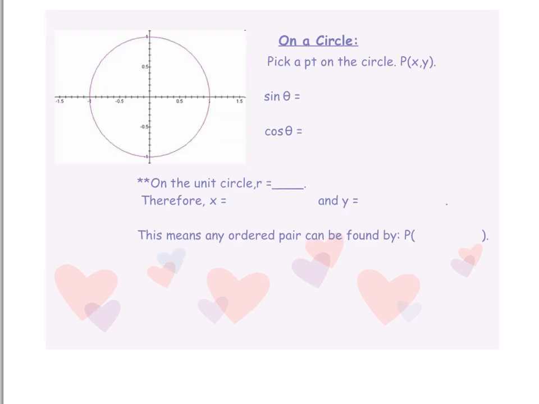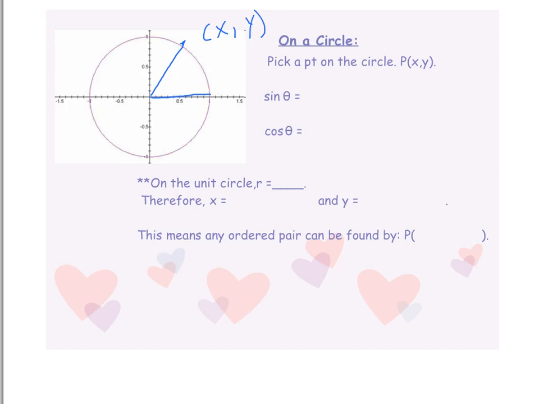Now let's jump to the unit circle. Let's say we pick a point on that unit circle, with coordinates x and y. That point forms an angle.